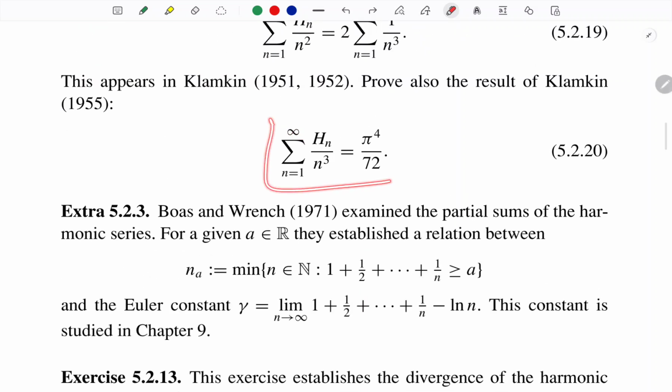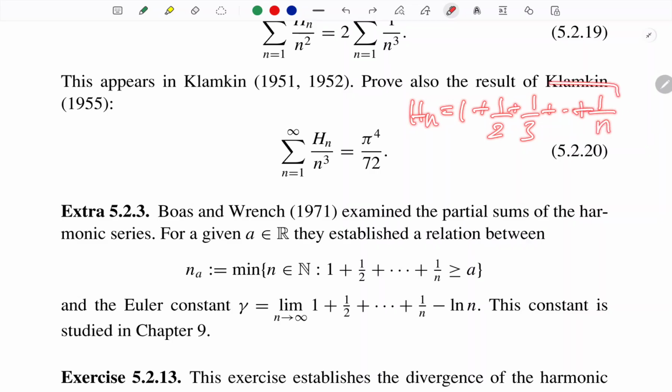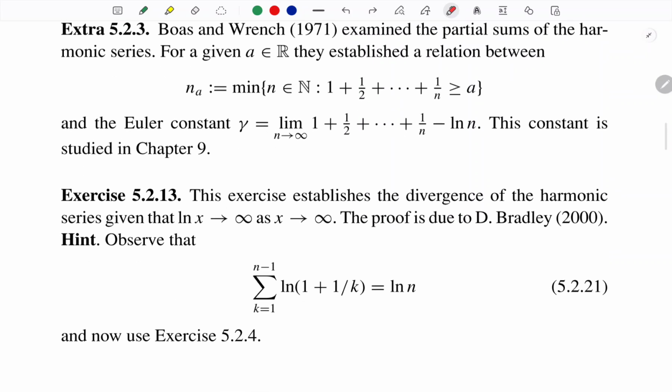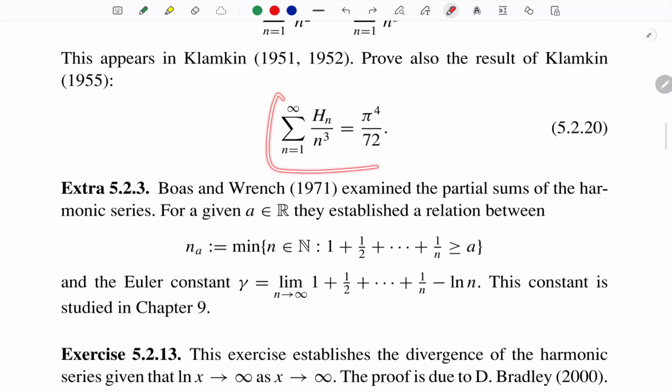Well, this looks cool. What was the harmonic number? It was 1 plus 1 over 2 plus 1 over 3 plus dot dot dot plus 1 over n. You need to remember this. This looks quite good, and I think that this appears in Clamkin. I think I should check the proof of this thing.